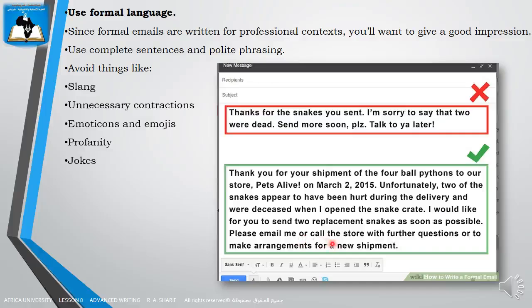"Anyway, please email me or call the store with further questions, or to make arrangements for a new shipment." So it's clear that he bought snakes, and when they shipped them to him, they were dead. Here we have an impolite or inappropriate email, but this one is a professional, formal email.